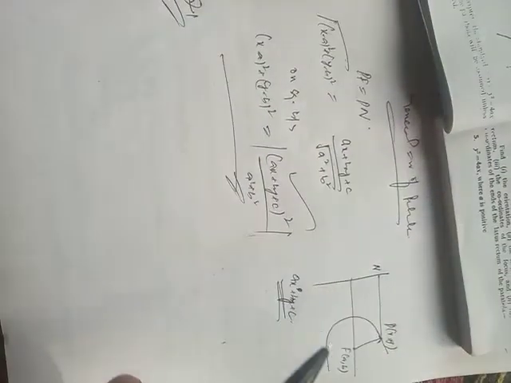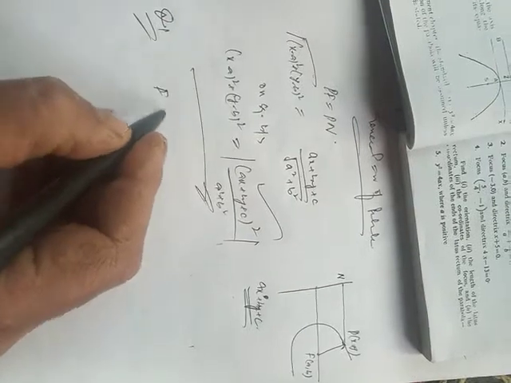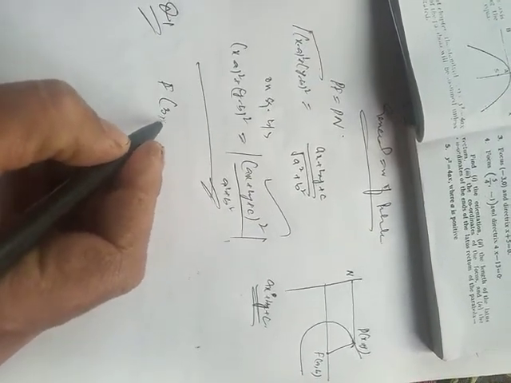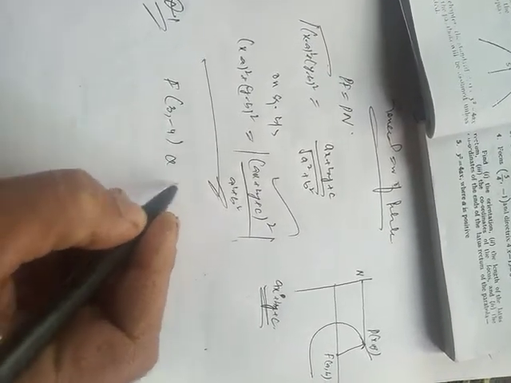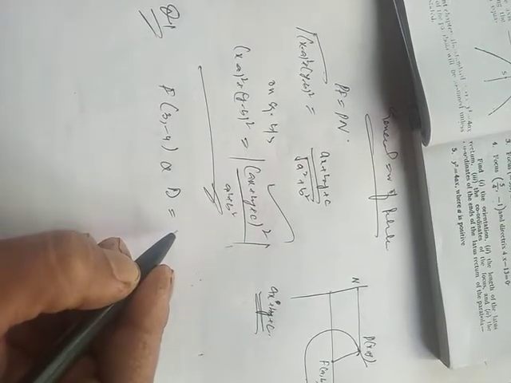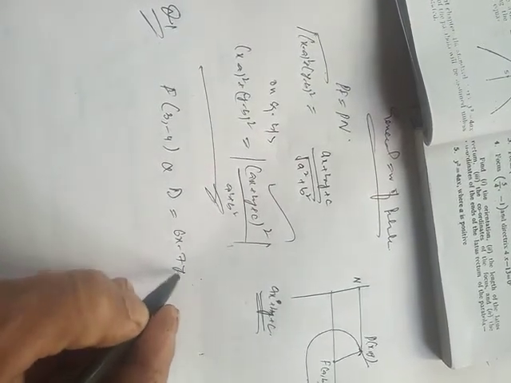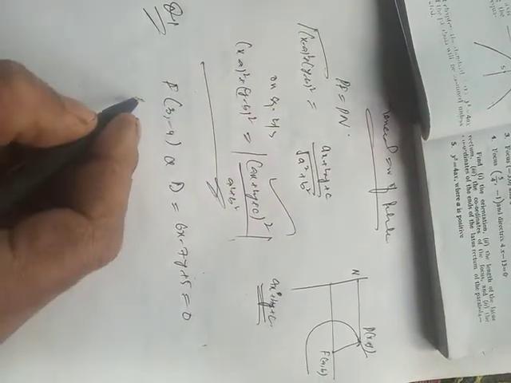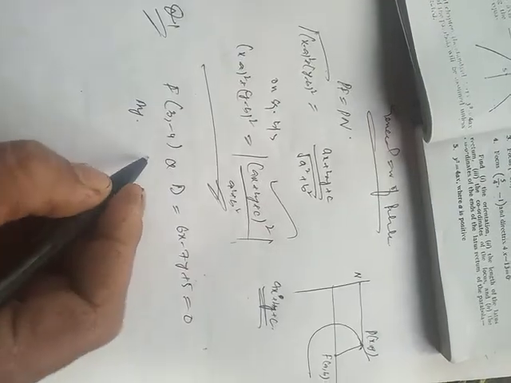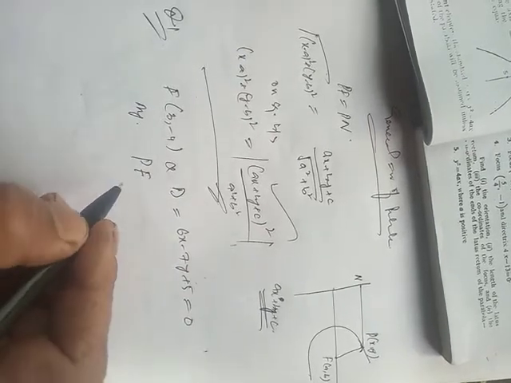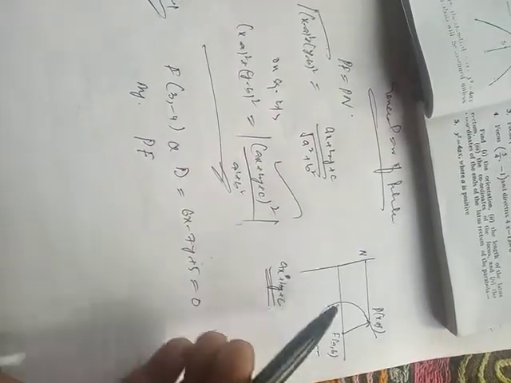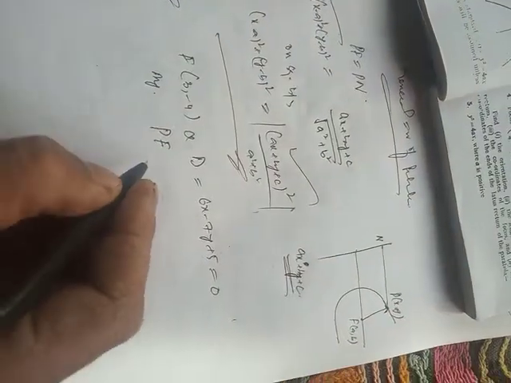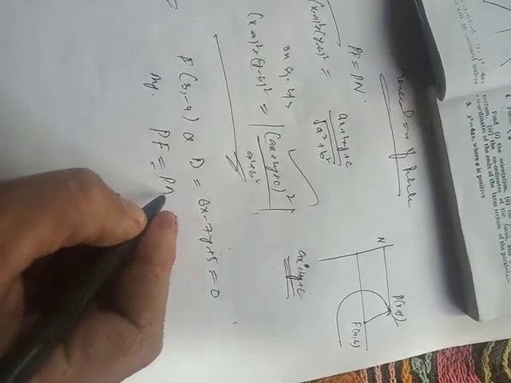By definition, we have the focus here. Focus is given as F(3, minus 4), and the directrix is 6x minus 7y plus 5 is equal to 0. Now, by definition of a parabola, if F is the focus, let P(x, y) be any point on this parabola, then we have PF is equal to PN.